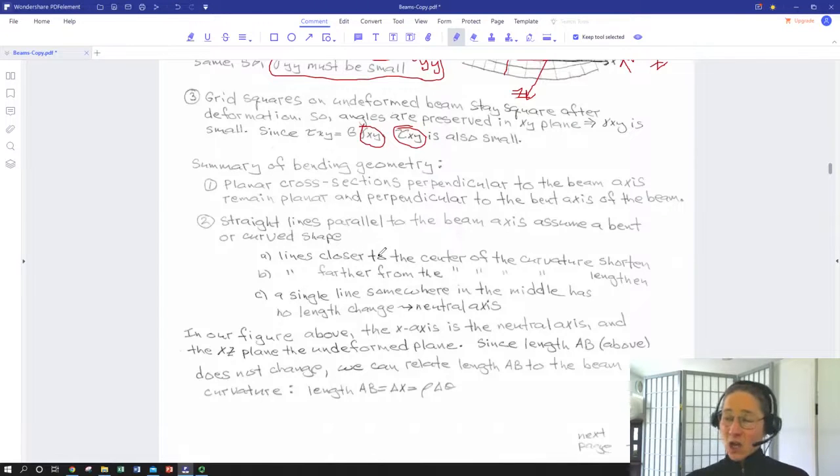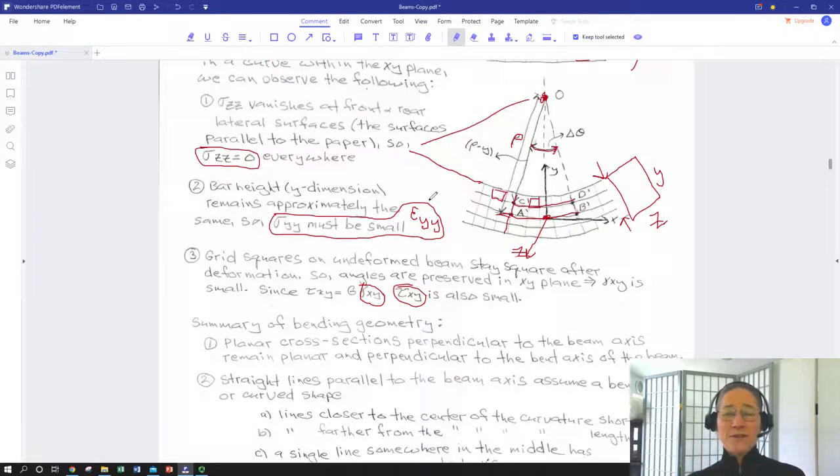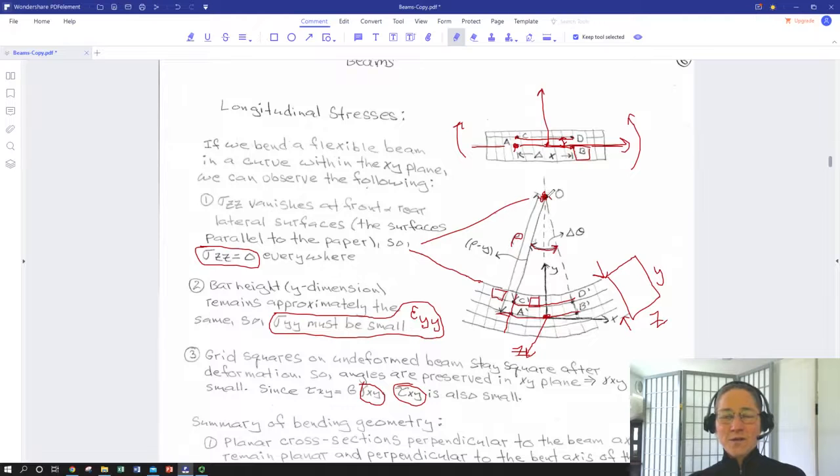The lines closer to the center of curvature, here's our center of curvature at O, shorten. So C prime D prime is shorter than the line segment connecting C to D, which was delta x. So C prime D prime is less than delta x.